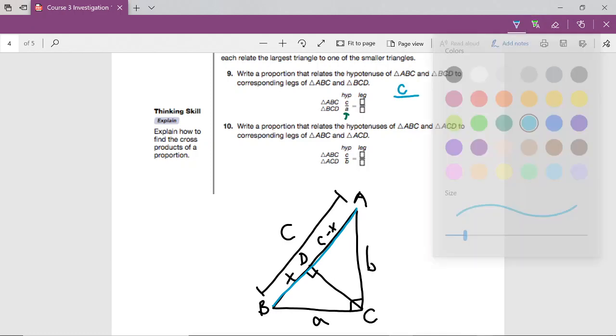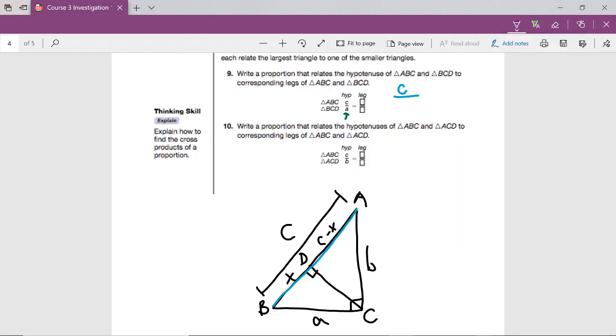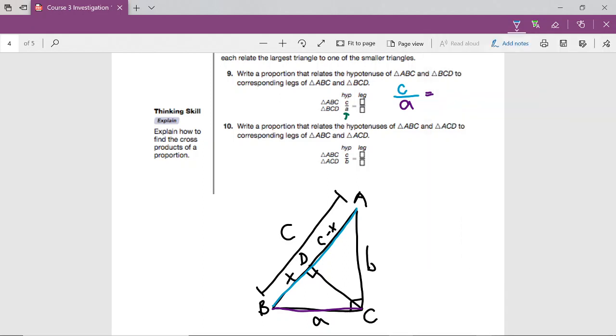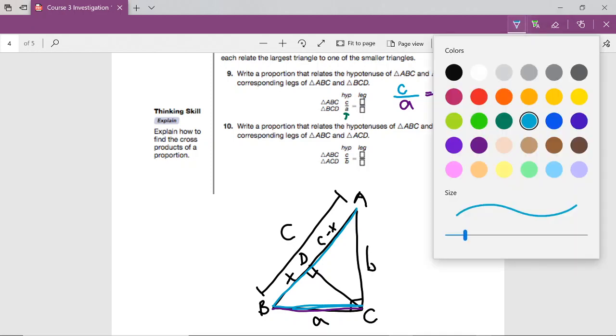And we have, I'll do this in purple, triangle BCD, that hypotenuse is length a. Now we're going to look at the legs here, and it asks us to do the corresponding legs. Well, if I'm looking at my big triangle ABC, I would say that this leg right here of a corresponds to the leg of x in our small triangle.